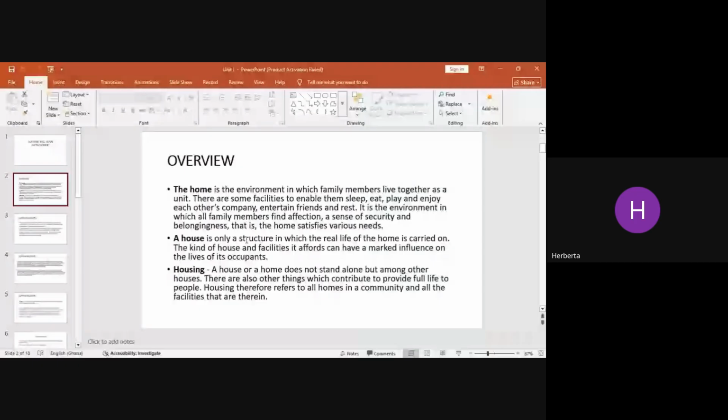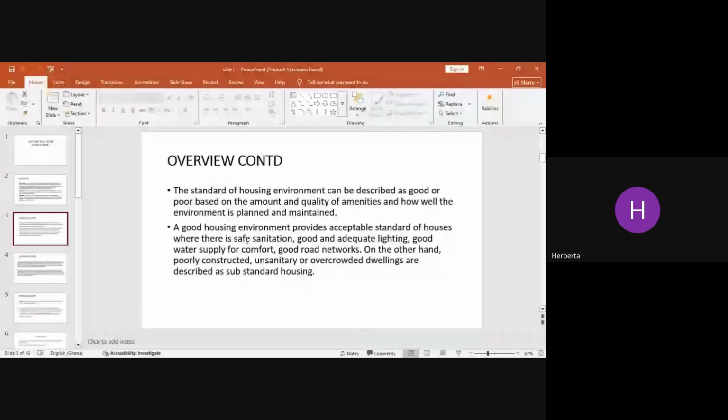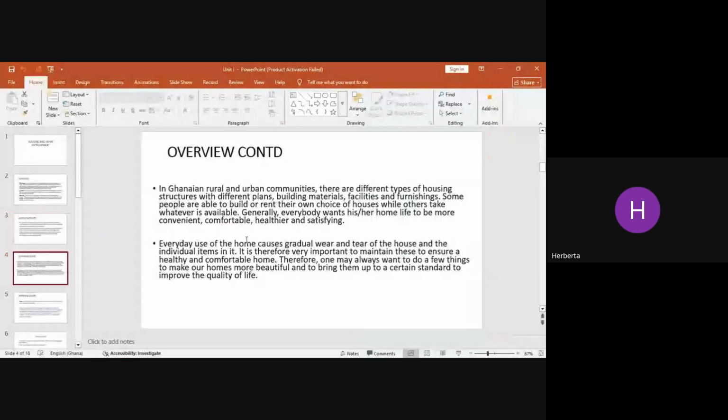We recapped on the house, home, and our housing environment, the two types, good housing and poor housing environment, the characteristics that make a good housing environment, the characteristics that make a poor housing environment, and the advantages and disadvantages of living in these environmental types.